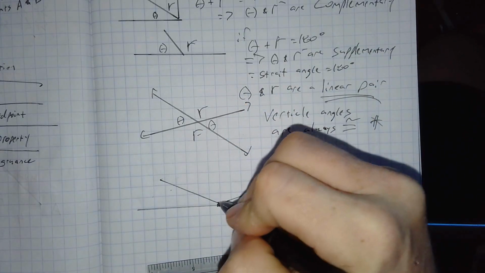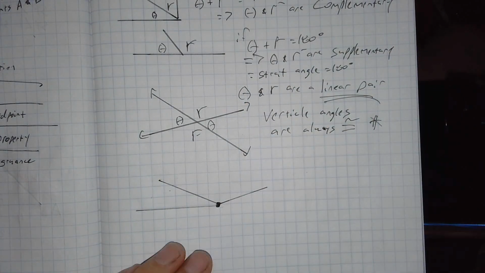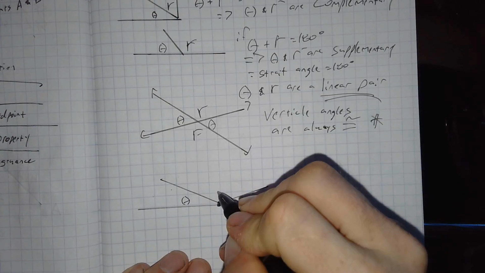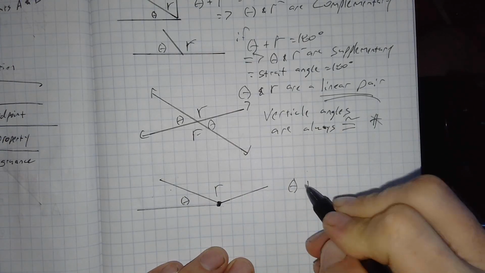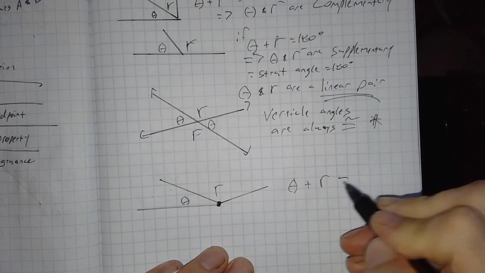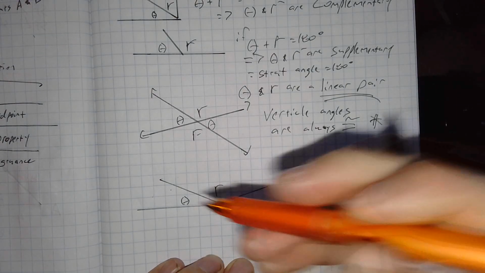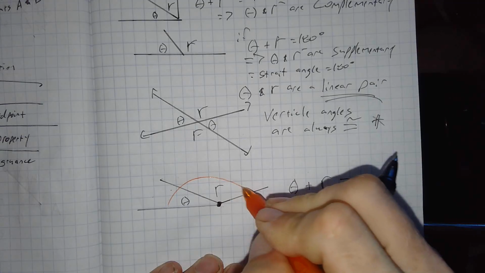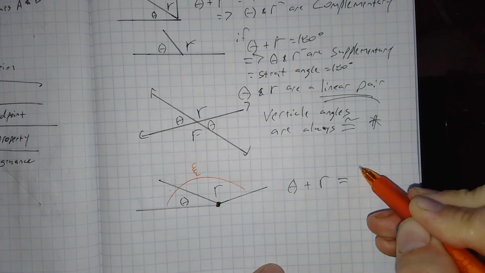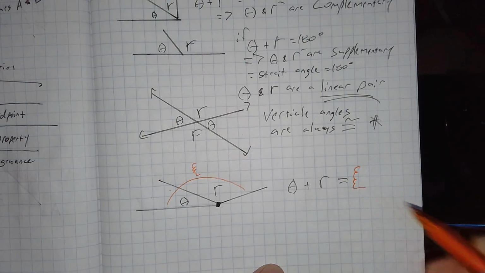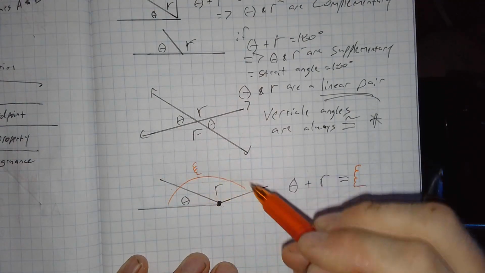Okay, they all intersect right there. Okay, we'll say angle theta and angle rho. So angle theta plus angle rho equals, we'll call this big angle right here, angle epsilon. I don't even know if that's how to spell it, but that's epsilon.